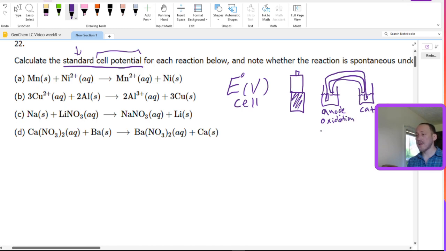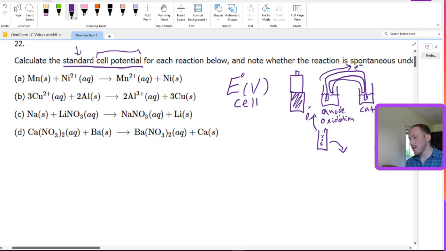And what that means is the solid metal anode loses electrons. The electrons go up here across this wire.